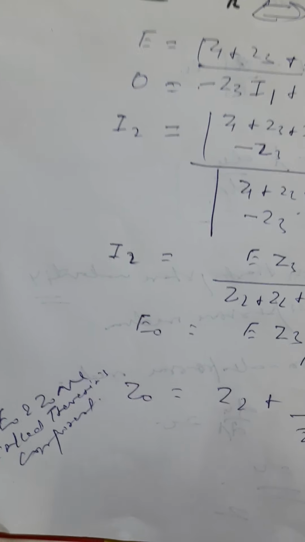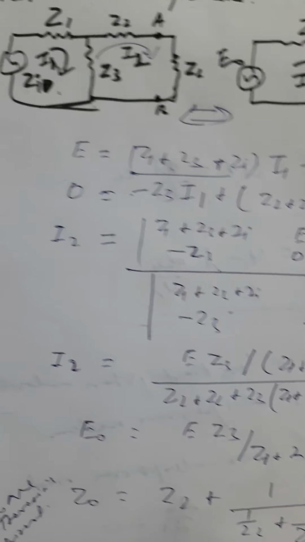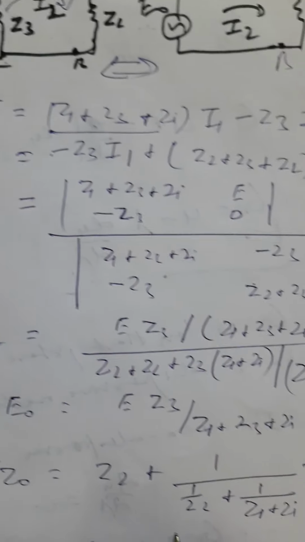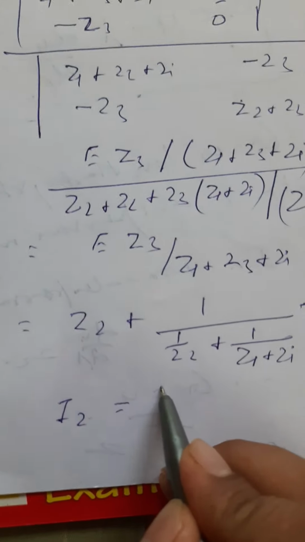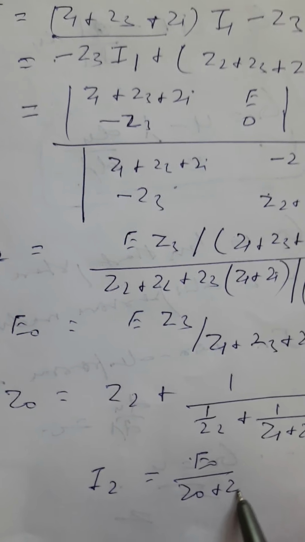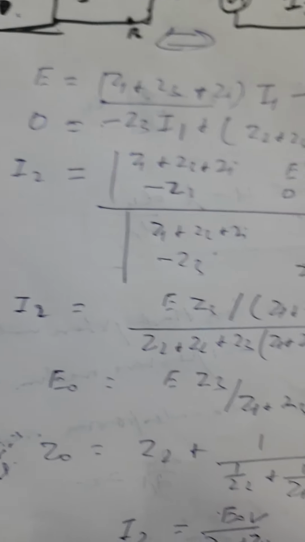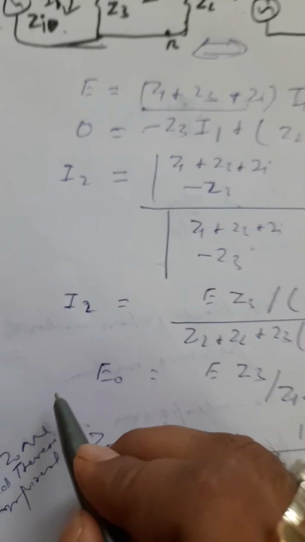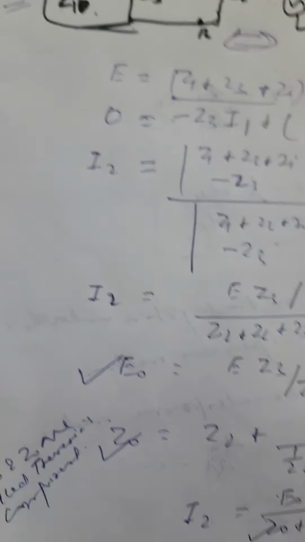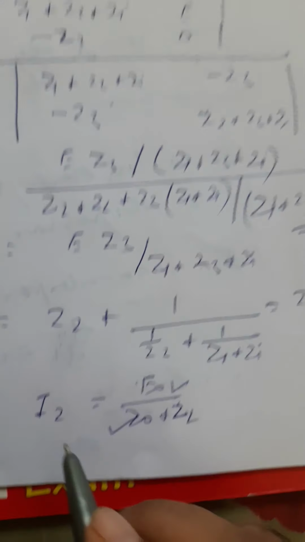Again, focusing on this circuit, we can write the current I2 as E0 divided by Z0 plus ZL. Substituting the values of E0 and Z0, which we already have, into this equation, you are going to get the same value.